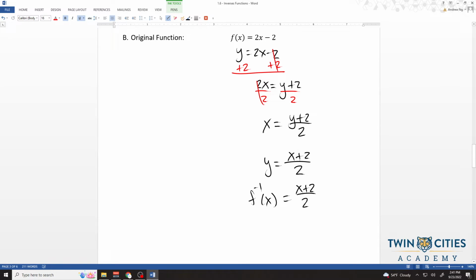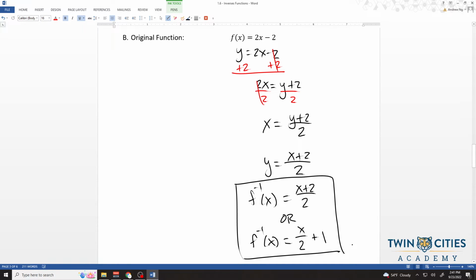So we could say that f inverse of x equals x over 2 plus, and then 2 is being divided by 2 as well, but 2 divided by 2 is 1. So whichever one, they're both correct. Just do whichever your teacher or your professor wants you to do.